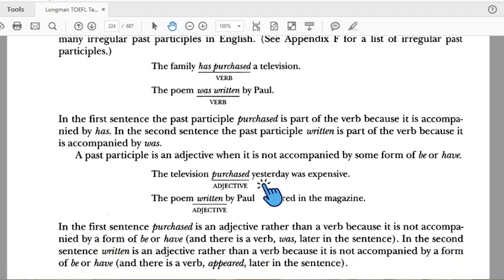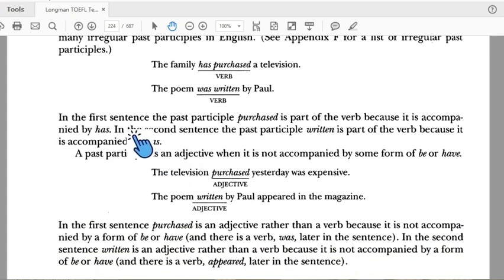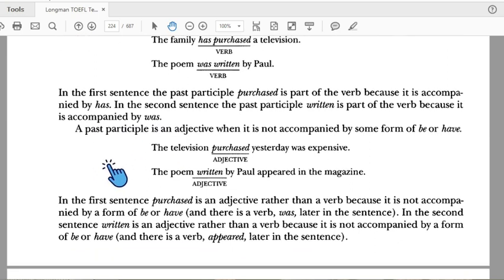Well, this one is the past participle as an adjective. In the first sentence, the past participle purchased is part of the verb because it is accompanied by has. Written is part of the verb because it is accompanied by was.